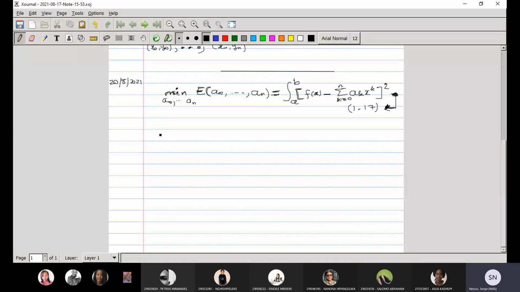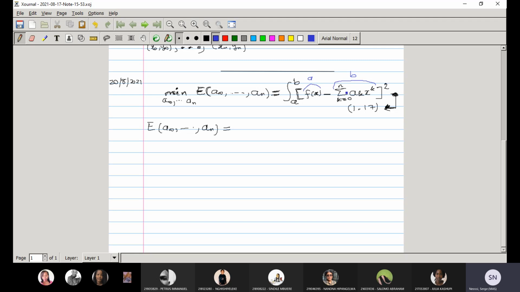E. We can rewrite E. You can see that f(x) is like our a, so we can label this by a, and all this is b.